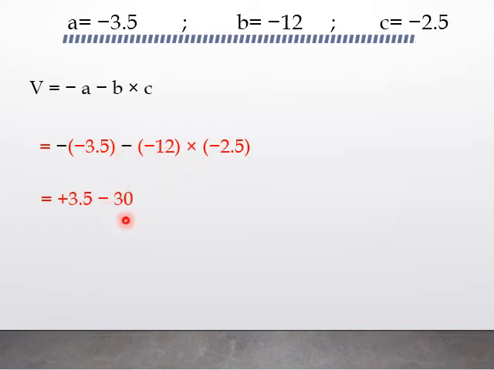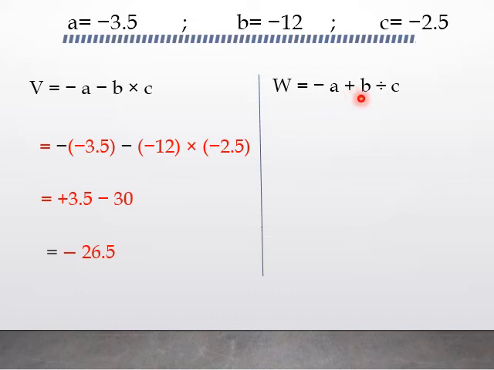And 12 times 2.5 is 30. So 3.5 minus 30; if I say 30 minus 3.5, it will be 26.5. Since the greater number has a negative value, the result should definitely be negative. It's easy to solve such a question, but I have to focus well.